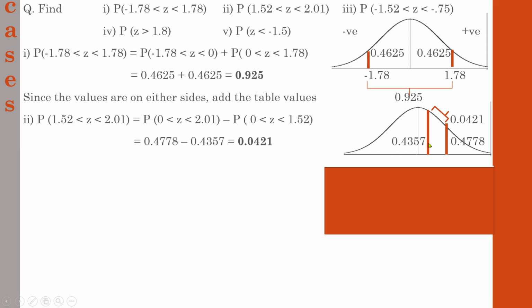So in order to find the area between these two values, you need to deduct this one from this. The logic is that whenever you are dealing with values having similar signs, meaning values on the same side, both positive or both negative, you need to take the difference.